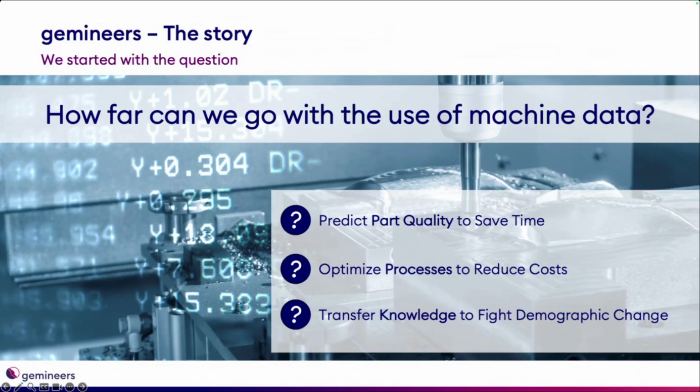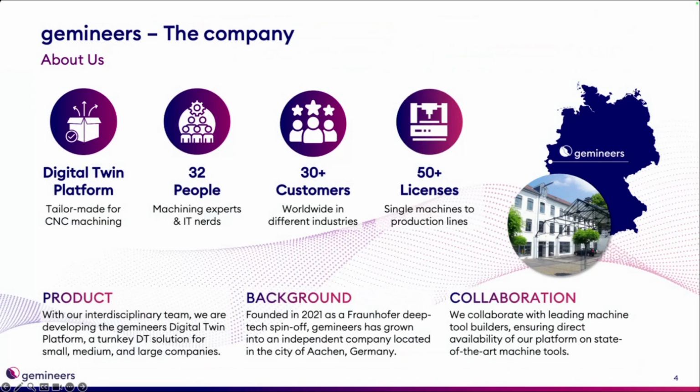And then after a lot of research projects, and some funding we have in Germany to help guys like us from a research perspective to really put this technology into a company, we founded Gemineers 4 years ago as a spin-off of the Fraunhofer Institute.